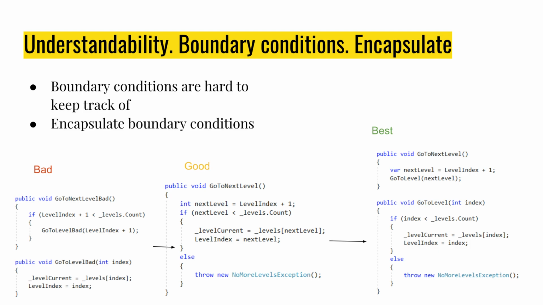You don't want to handle it externally outside of your class. You want to hide the details of how you handle it. So if there are no more levels, I'll throw an exception saying that there are no more levels. And the best is to encapsulate both moving to the next level and going to any level. So it becomes quite simple.